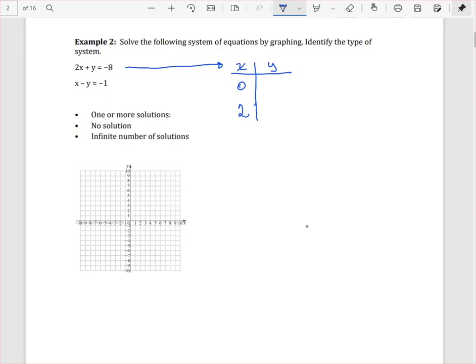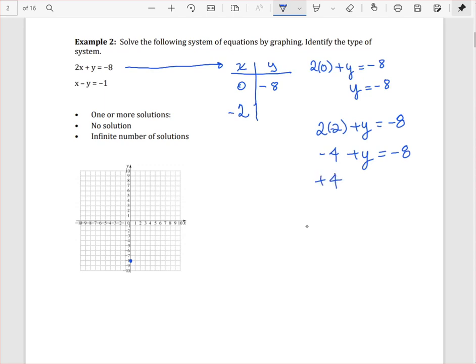So if you put 0, you get -8, and then you put the 2, well, that might be too big, so let's put -2. I just want to make sure that the answer I get is within the graph they gave me.